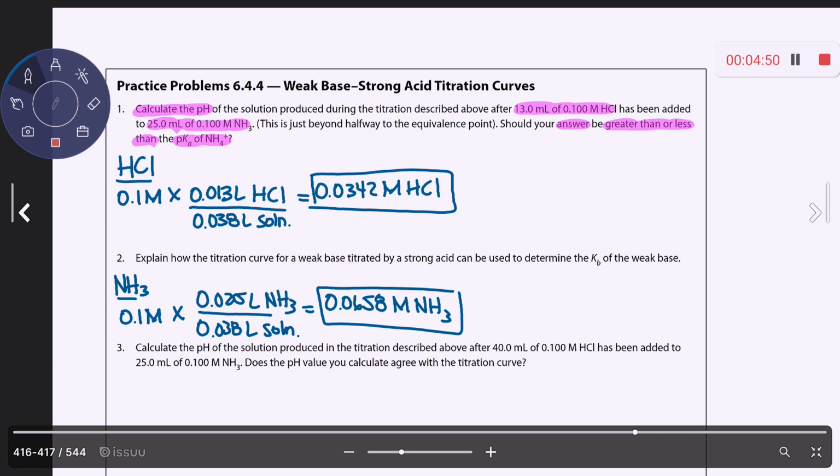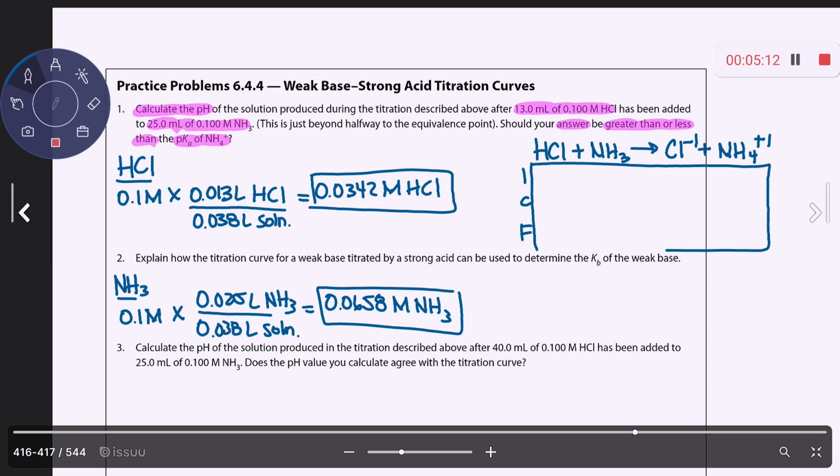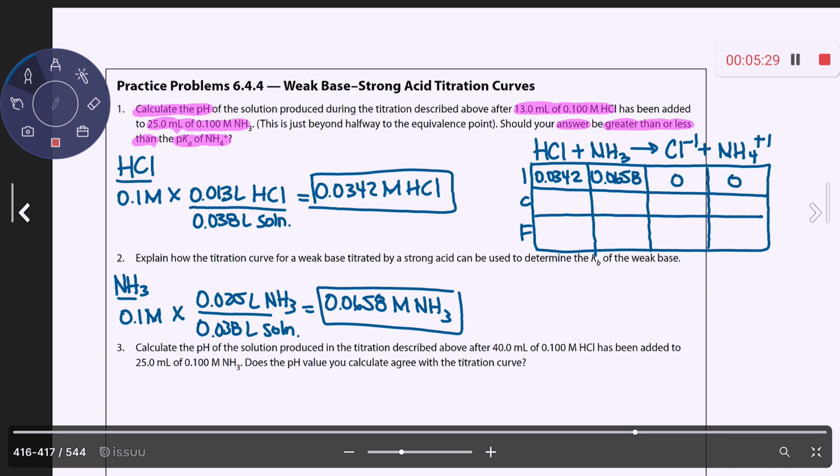Then we've got HCl combining with NH3. So that means you're going to end up producing Cl negative 1 and NH4 plus 1. Create your table. So this is 0.0342, 0.0658, 0, and 0.